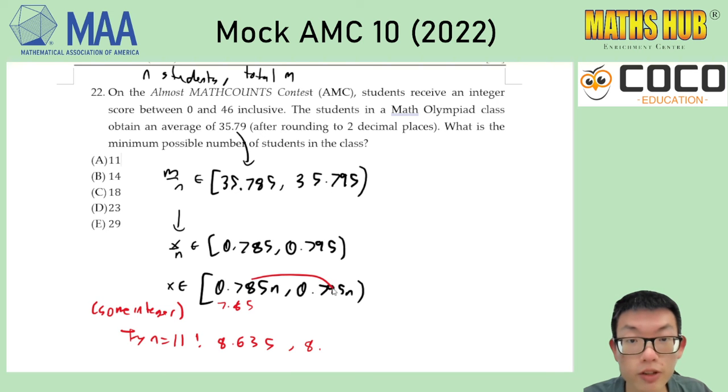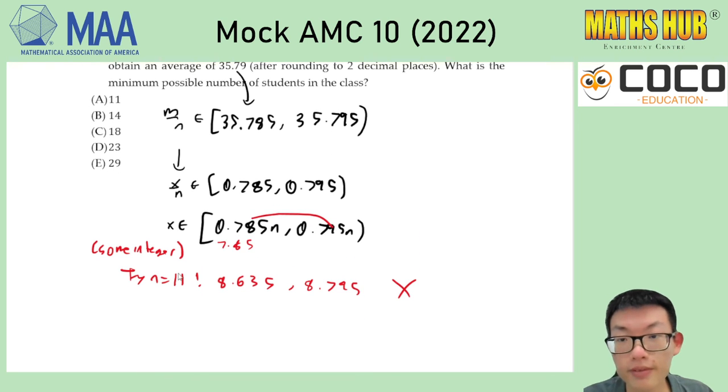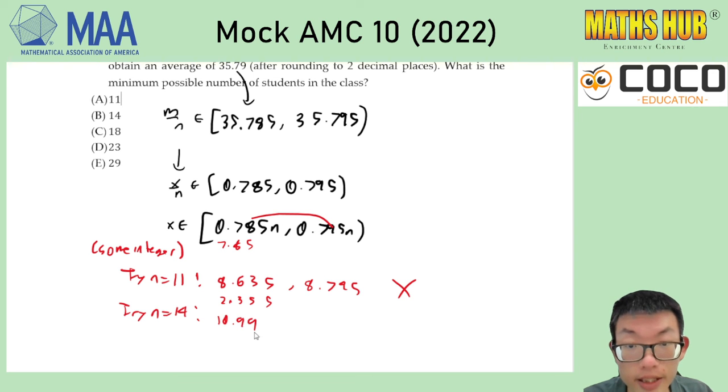The difference is 0.1 n, so 0.11 away. Now we just try the next one first. N is 14, and that means that I need to add 3 times of this to that, which is 2.355, and you get 10.99. Oh great, so this is definitely going to work.